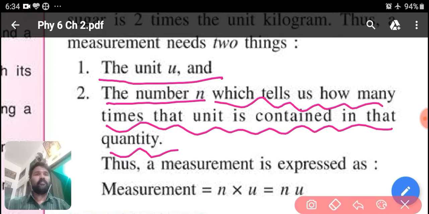Thus, a measurement is expressed as measurement equals n into u, that is, nu. Okay, students, measurement is equal to n times u, which is nu.